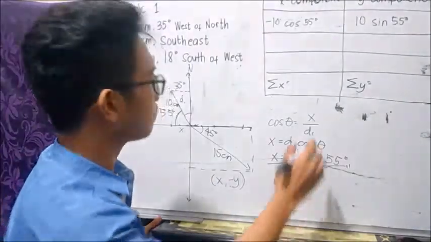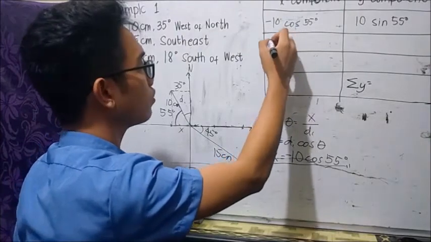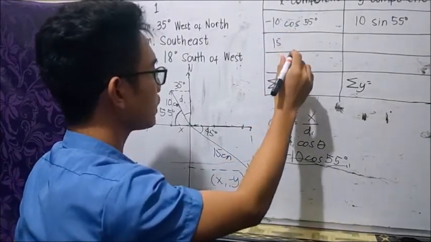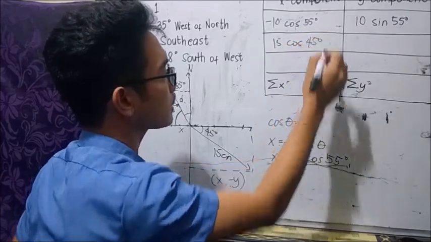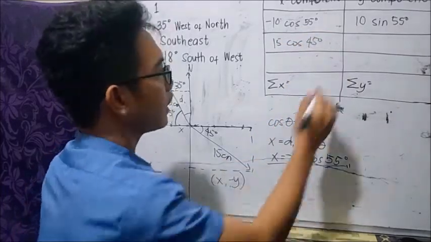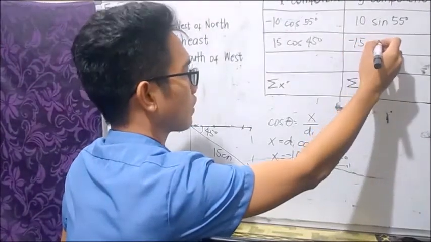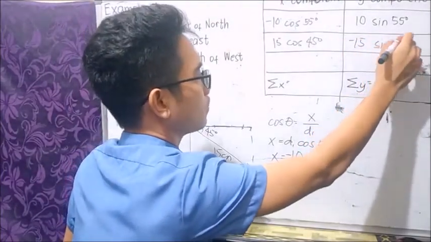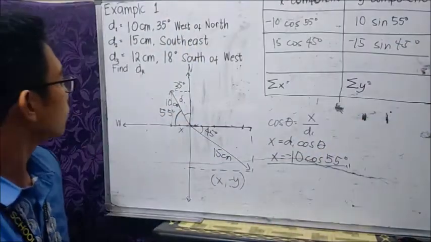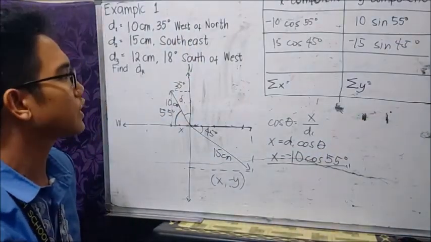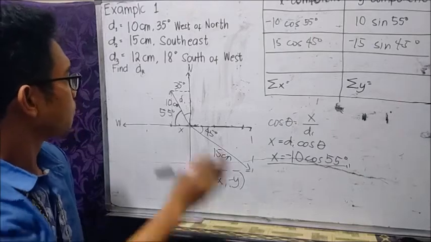The x component is 15 cosine 45 degrees, and the y component is negative 15 sine 45 degrees. Let's continue with the x and y components of displacement 3.